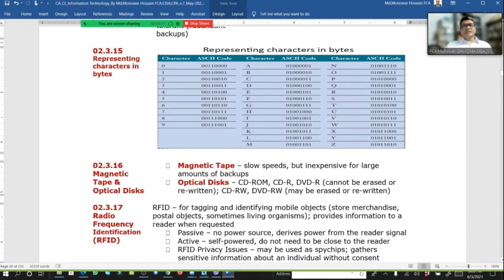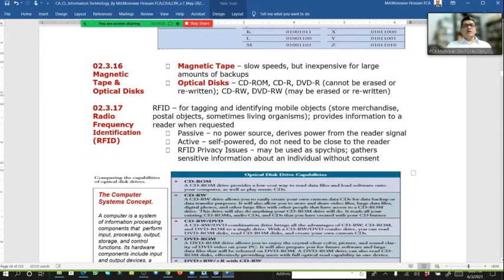So look here, representing characters as bytes. ASCII code, that means for character 0, the ASCII code is this one, 0011 and 1111, and for character A the ASCII code is this one. We will discuss later what the ASCII code is.